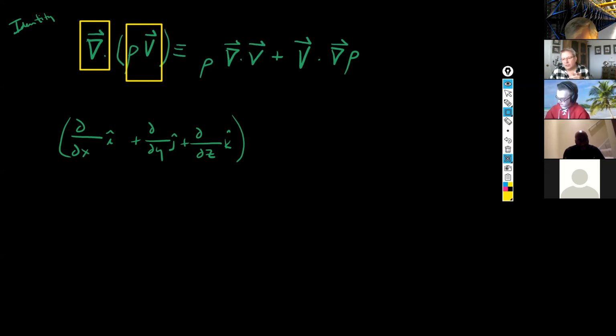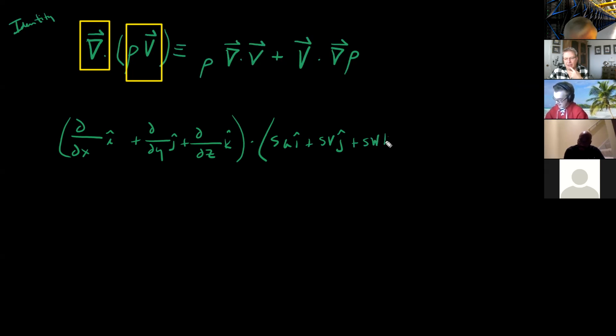So what I will do is I will call the scalar s times the vector. So it's going to be s u i plus s v j plus s w k.